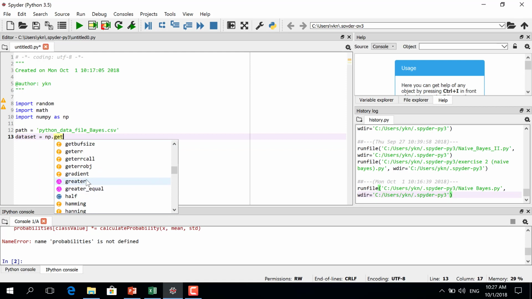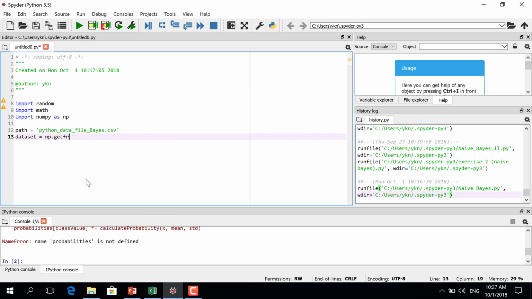Get from text, and the path, because the target is path 1, and we have delimiter.